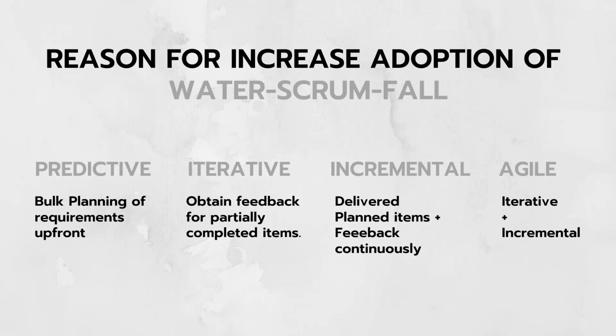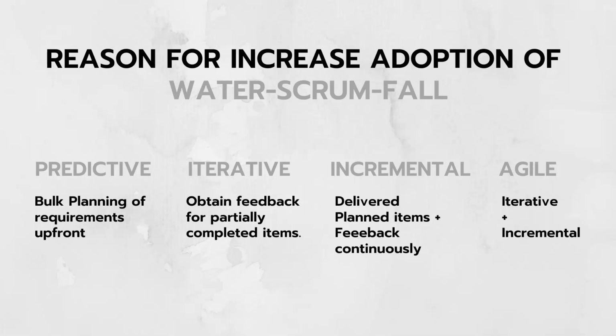Whatever development you have done so far, you do a sprint demo to the business and collect relevant feedback. That is what you do in the iterative phase, followed by the incremental phase, wherein you deliver the planned items coming from the predictive phase plus the feedback from the iterative phase for the partially completed items. And you do this continuously.